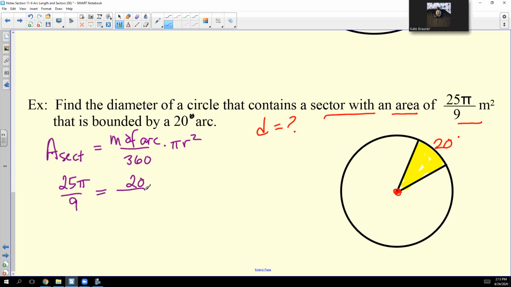We already know the measure of the arc is 20 over 360 for the whole circle times pi. We don't know what the radius is, so that's an unknown quantity, right? So we'll leave that right there. All right, so let's reduce what we can reduce. 25 and 9 don't reduce, but this should reduce to 1/18. So now we're looking at 25 pi over 9 equals 1/18 pi r squared.